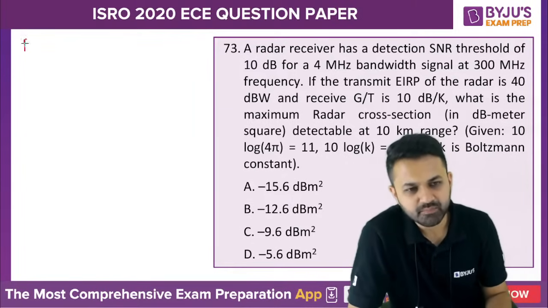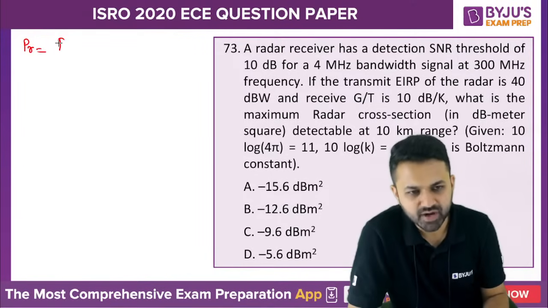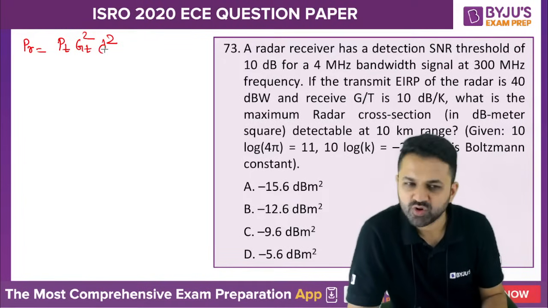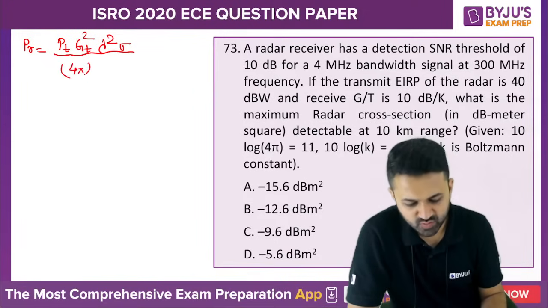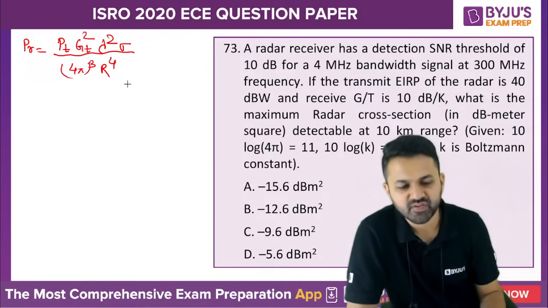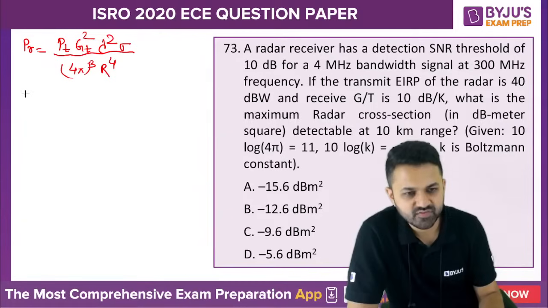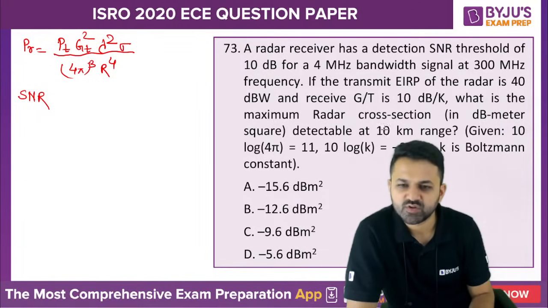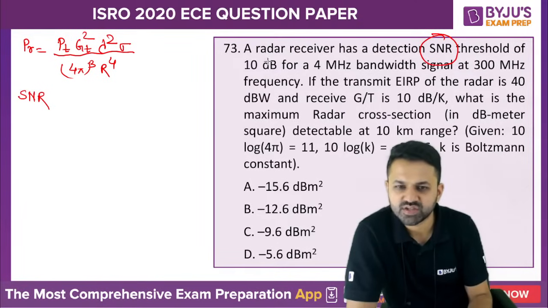We know that the power received is given by PT into GT square, which is the gain of the transmitting and the receiving antenna if both are the same, into lambda square into sigma upon 4 pi whole cube divided by R to the power 4. And we know the signal to noise ratio, because it is given here as 10 dB.